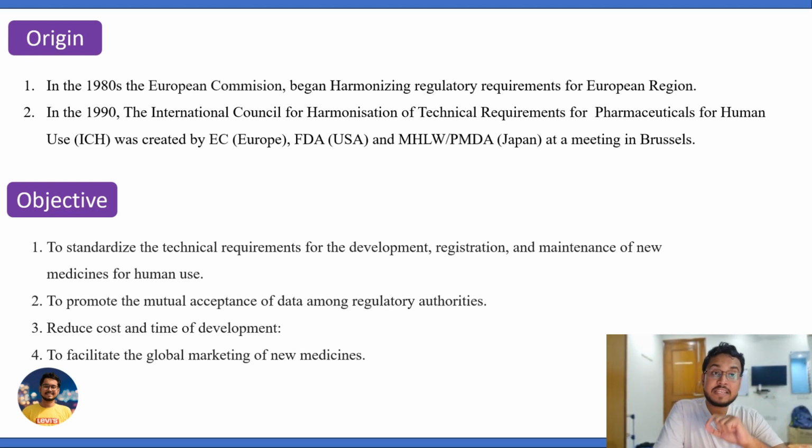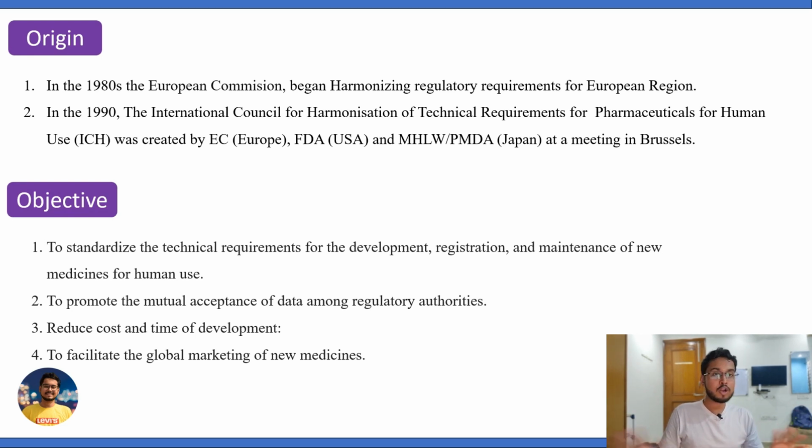So ICH makes sure that whoever is involved in the development and registration of new medicine is following the same set of technical rules. For example, if there is one pharmaceutical company in Europe developing one medicine, and another pharmaceutical company in USA developing another medicine, they have to follow the same set of rules, regulations and technical requirements.